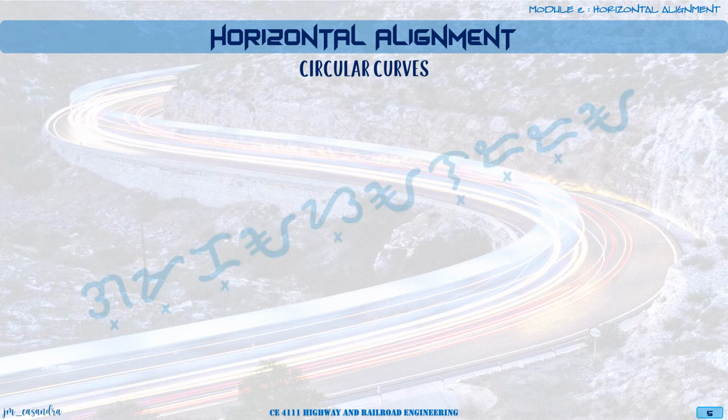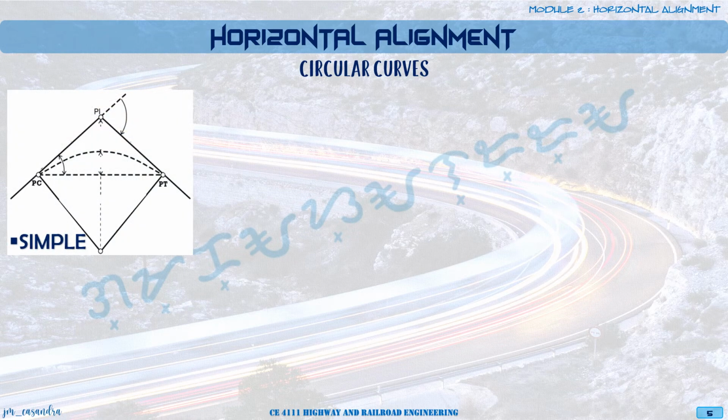So in horizontal curves, as we have said, we would now take into consideration our circular curves. So as a review from our surveys, specifically engineering surveys, we have your three different curves. The first one is the simple curve, which is now consisting of a single curve.